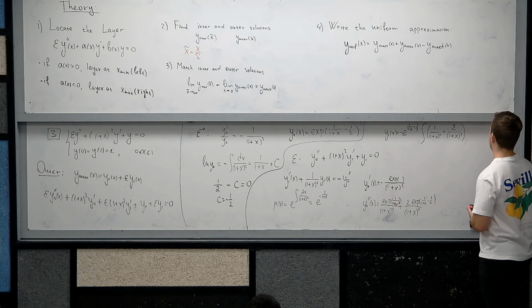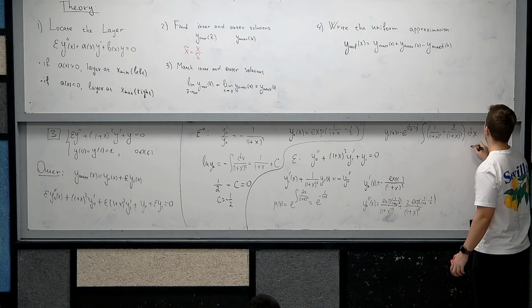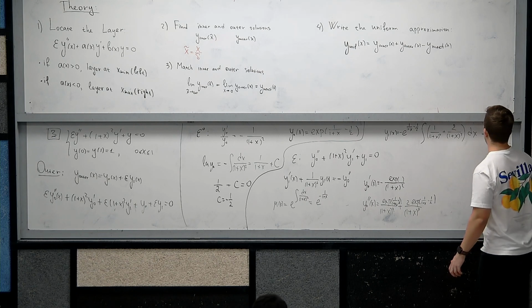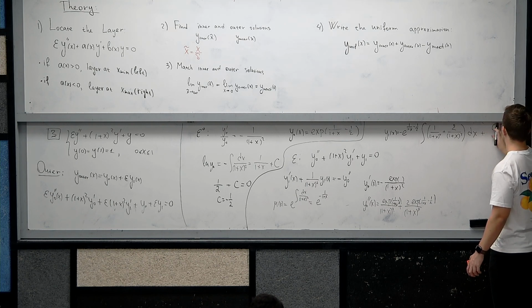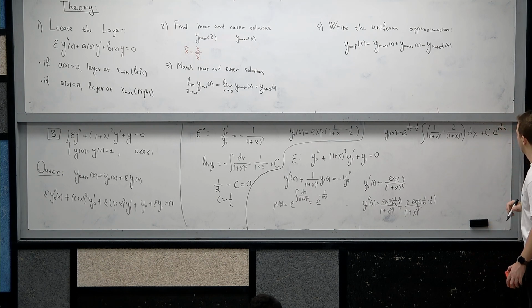Oh, I think that's fine. And then plus c divided by mu. So, and mu, constant of integration, right? So e to the plus 1 plus x. Okay.